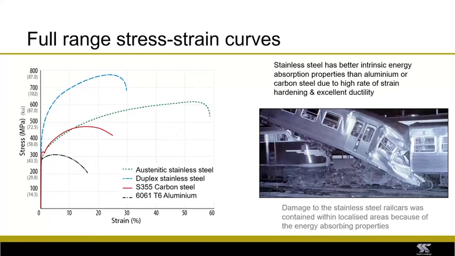So stainless steels have better energy absorption properties than, for example, aluminium. They have a high rate of strain hardening and, as I said, excellent ductility. And I show this photo with this slide because the point is that the damage to the stainless steel rail cars was contained within a very localized area because of the good energy absorption properties.